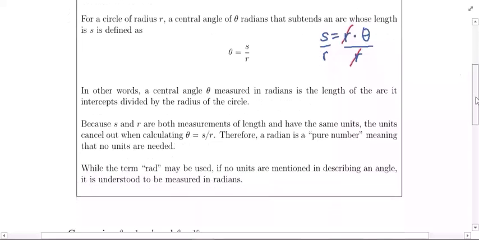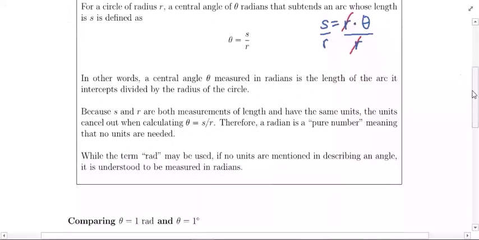So in other words, a central angle theta measured in radians is the length of the arc it intercepts divided by the radius of the circle.